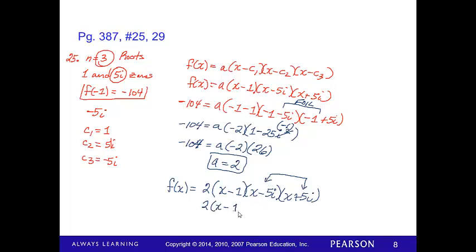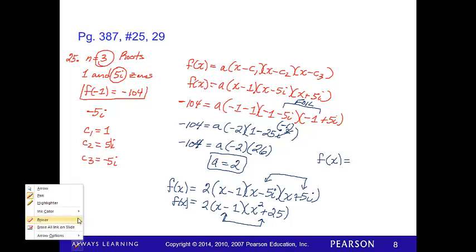And when you multiply those out, you should get x squared plus 25. And then, of course, you can multiply these together. And you should have a final answer of f of x.